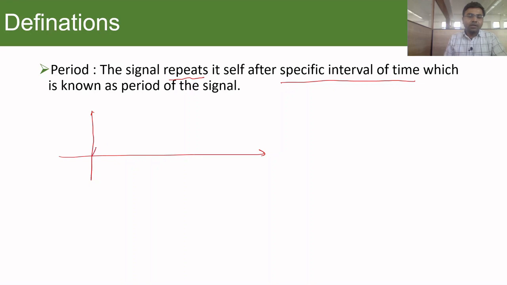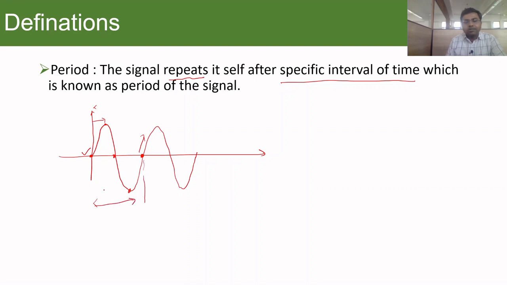First example, if I am having a signal like this, and I start from here, then when I progress in this direction, I have a positive peak, then again reach 0, the negative peak, and again come to 0, then my positive cycle gets started again. So this is the point where my positive cycle starts, and this is the point where my positive cycle starts again. So this is the specific interval after which the signal starts its repetition. So this would be my period.